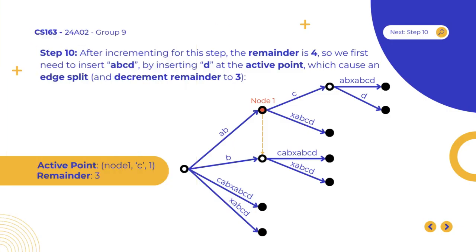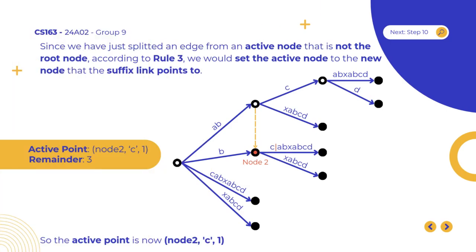And remember to decrement the remainder to 3. And according to rule 3, since we have a suffix link, we will follow that suffix link and set the new active node to this node, which is node 2. The active length and the active edge remain the same. So we have a new active point right there.